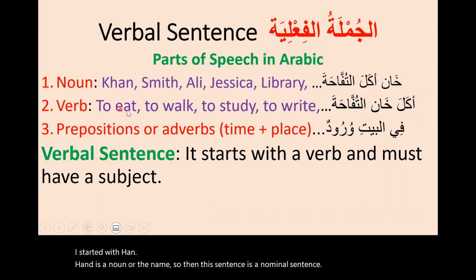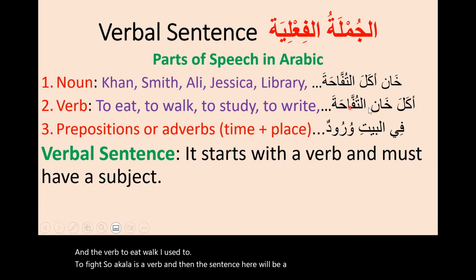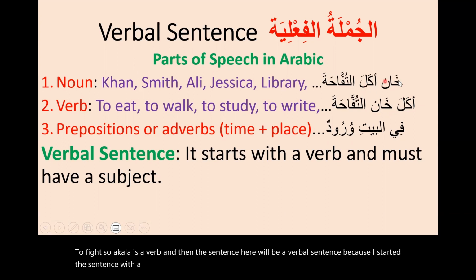And with the verb to eat, I used akala Khan at-tufahata. So akala is a verb, and then the sentence here will be a verbal sentence because I started the sentence with a verb. And see, Khan, which was at the beginning, comes in the second place here; we switch.